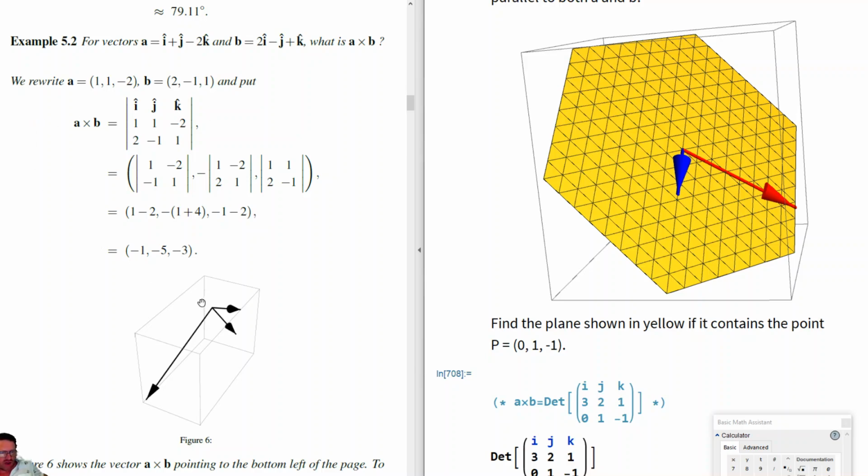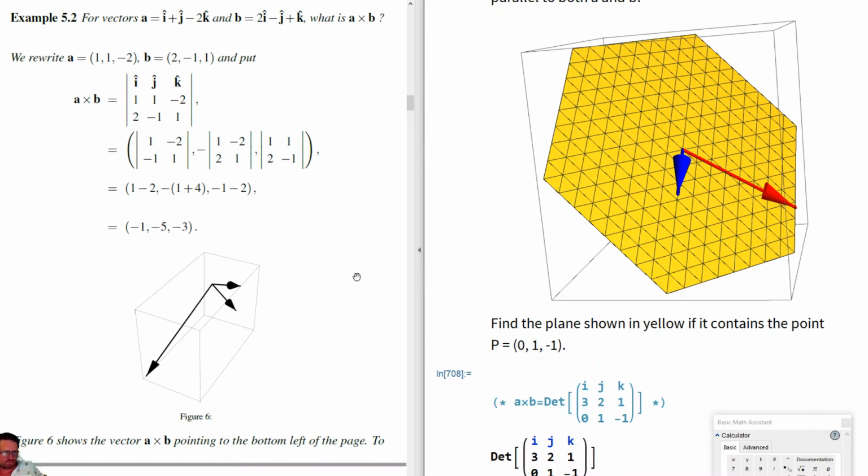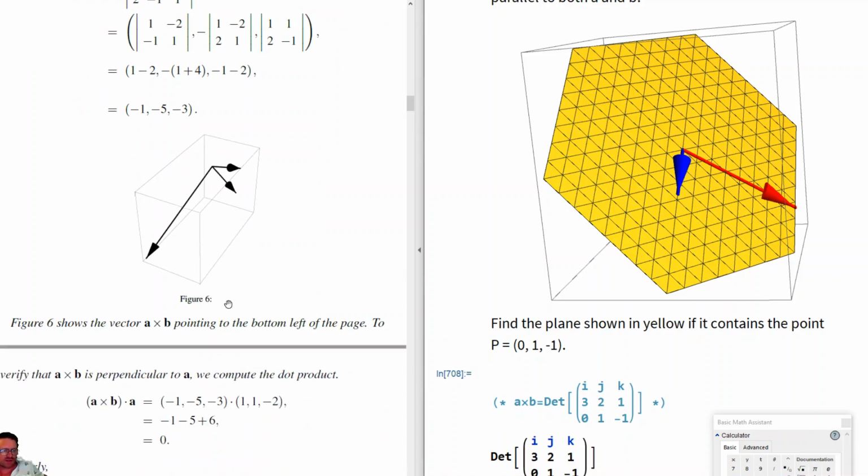And this gives a vector that is perpendicular to both a and b, right? And so remember, you could use this to give a description of a plane that is parallel to both a and b and contains any point that you choose. All right, so a cross b is pointing out towards the bottom left of this page.